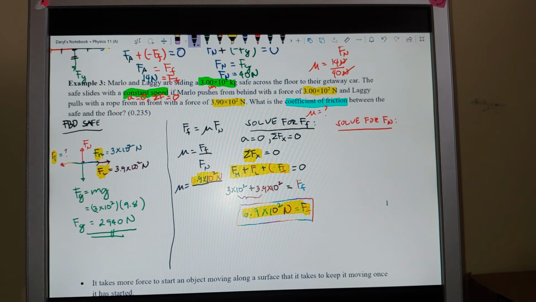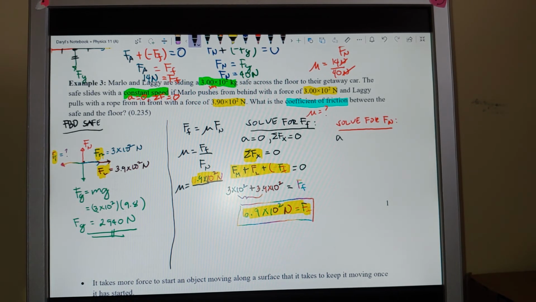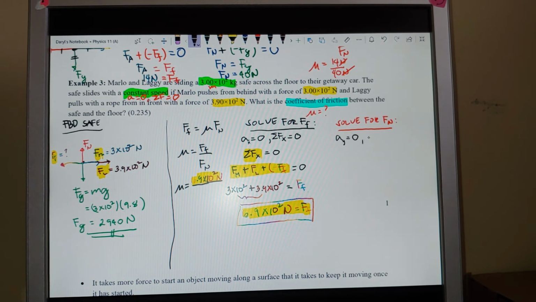So again, the sum of all the forces along y is equal to 0. That means if we take the sum of the vertical components of all the forces, it gives us 0.